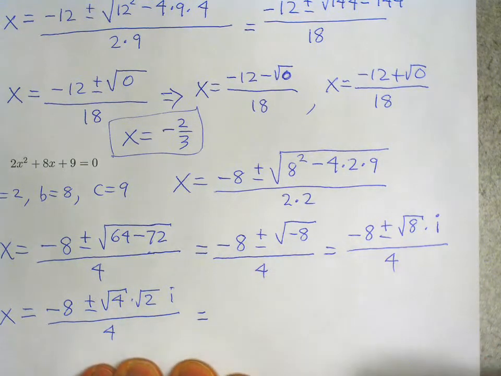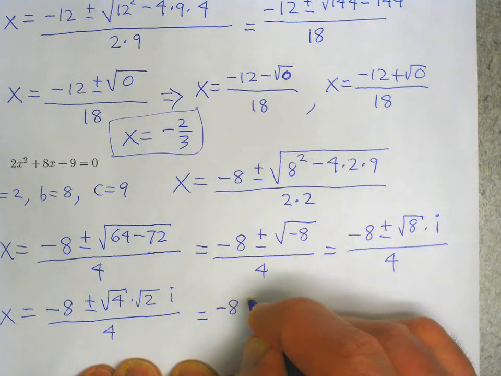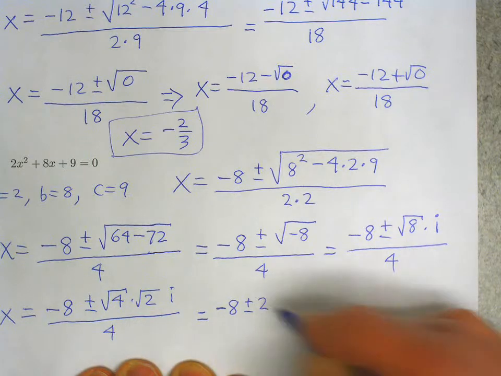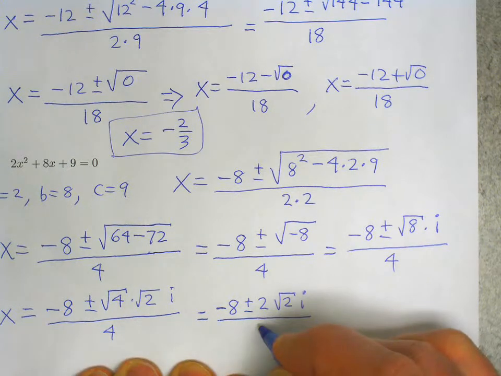So all of this extra detail, I might not have room, but we'll see what happens. Negative 8 plus and minus, the square root of 4 is 2, so plus and minus 2 times the square root of 2 times i, all divided by 4.